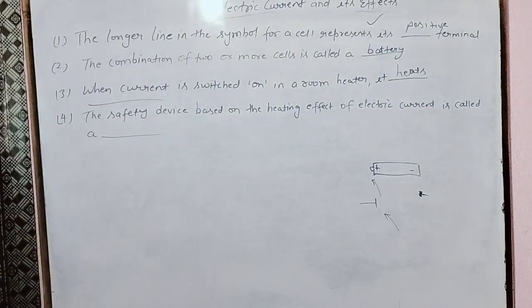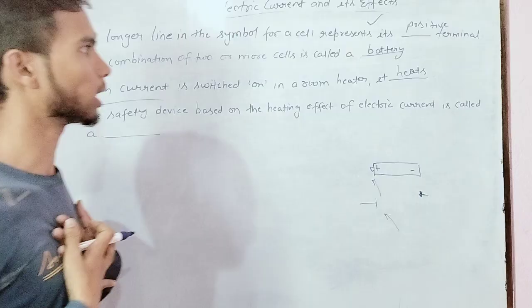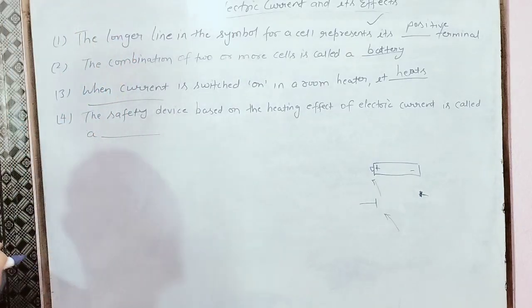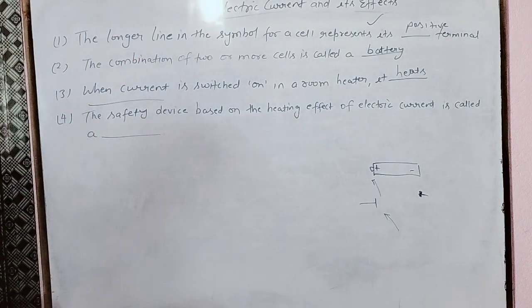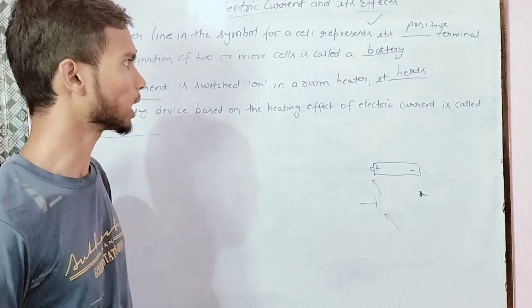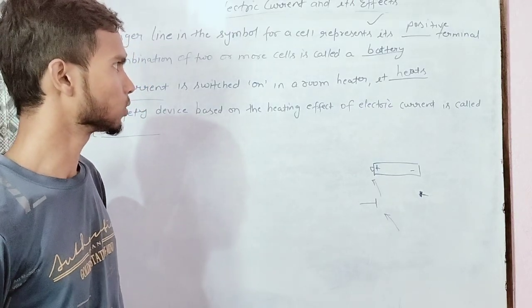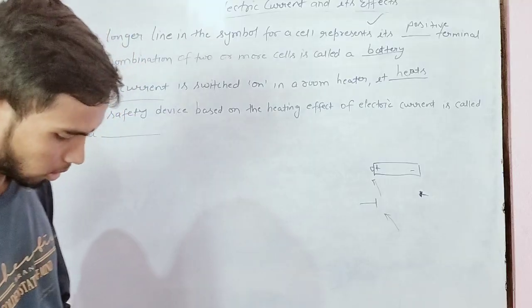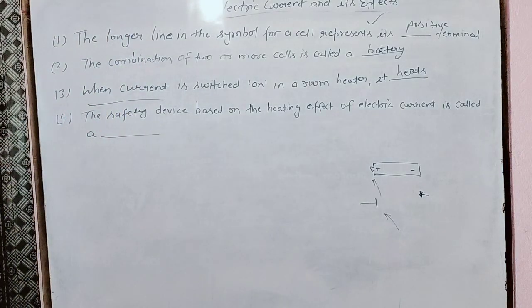The safety device based on the heating effect of electric current is called an electric fuse. So the safety device based on the heating effect of the electric current is what? Electric fuse.